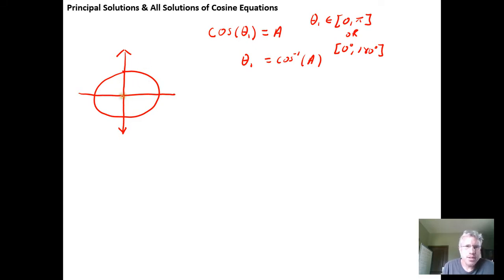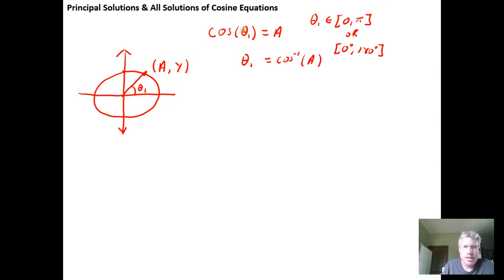So let's suppose theta sub 1 is an angle here in quadrant 1. That means that we have an x-coordinate of A, because the cosine of theta is the x-coordinate on the unit circle, and there's going to be some y value here that we don't care about.